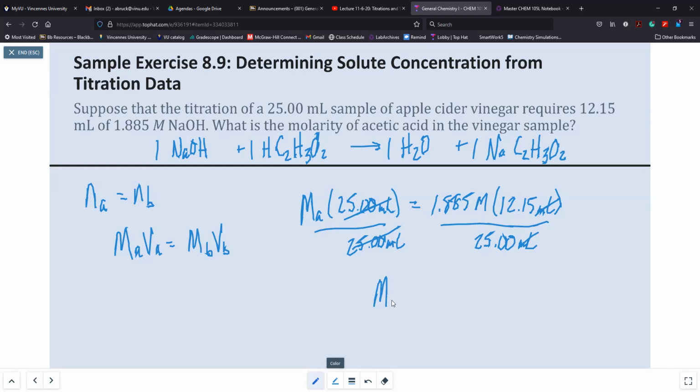We get a molarity for the acid of 0.9161 molar acetic acid. So that's all that we're looking at here as far as titration kinds of examples are concerned.